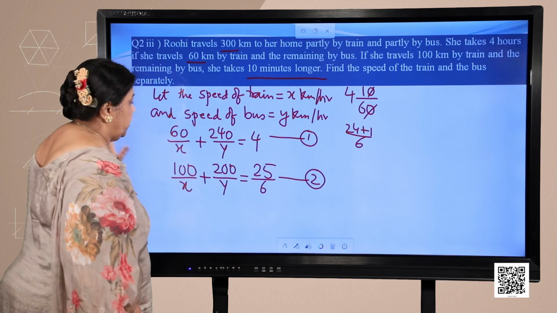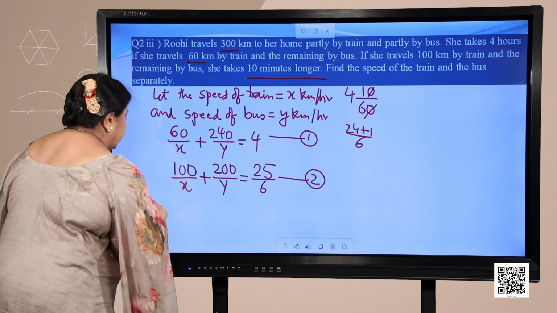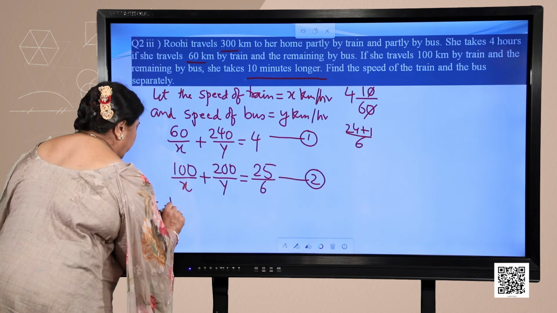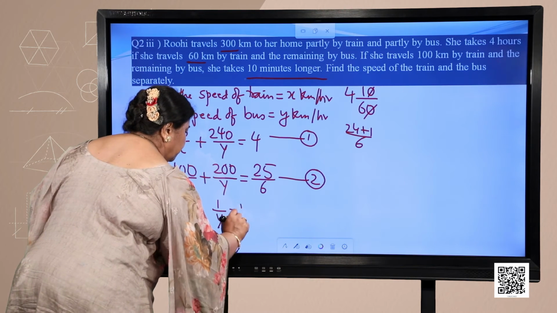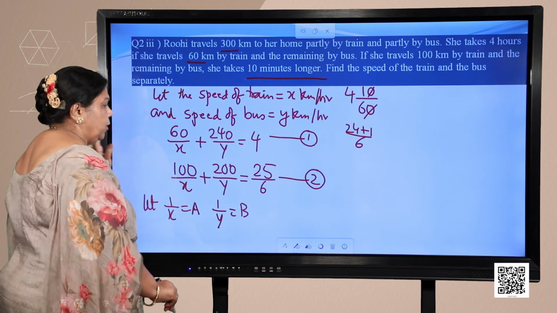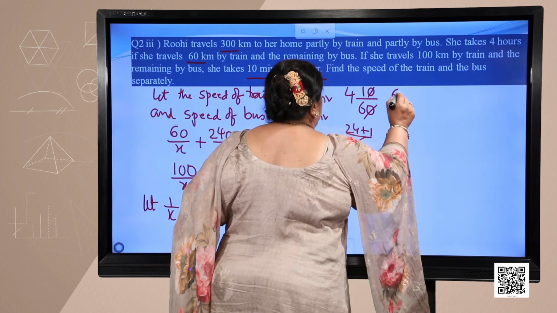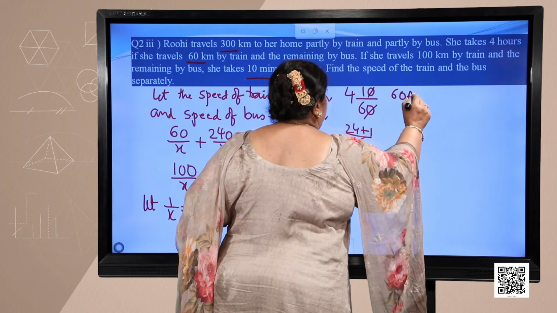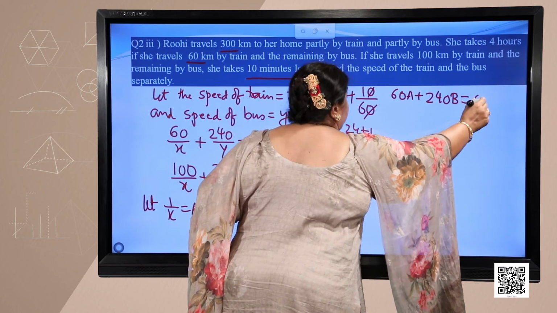These are the two simple equations we need to solve. Now, let me take 1 upon x as a and 1 upon y as b. Look how the equations will change. I will have 60a plus 240b is equal to 4.